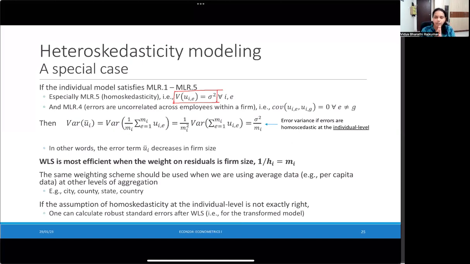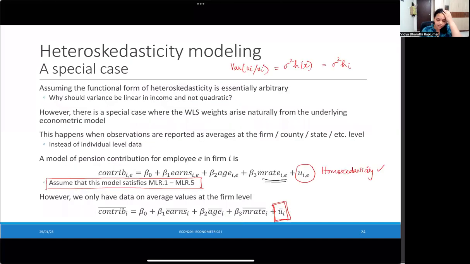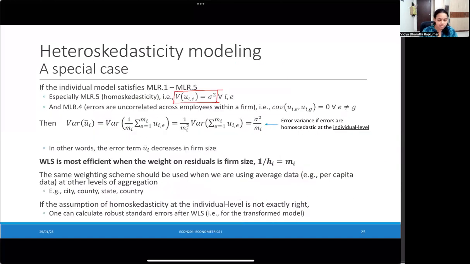So if those assumptions hold, how do we write down the variance of u bar? Well, u bar is the error in the average model that we are running at the firm level. Suppose we assume that there are m_i employees in firm i. Then u bar i is just the sum of the u_ie divided by the number of employees in that firm, which is what we're doing within this bracket here.